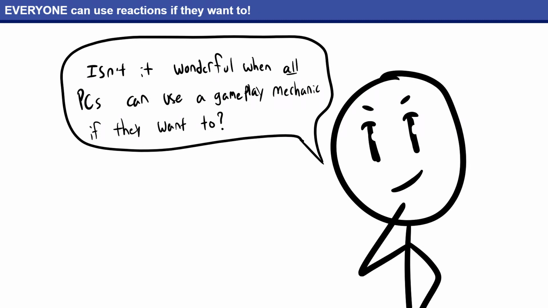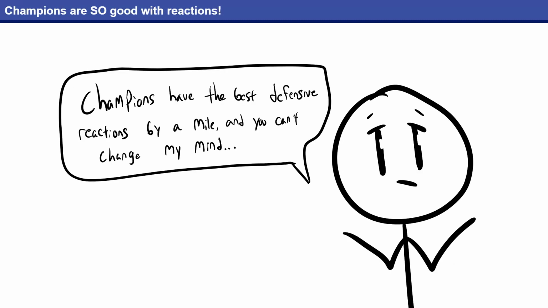Every class and ancestry can interact directly with other people's turns if they choose to seek out that ability, which is way cooler than just martial characters using attacks of opportunity every once in a while, and spellcasters casting counterspell and only using that for their reaction. Though if you're looking to really focus on using reactions, there are a few classes that really excel in that whole game plan.